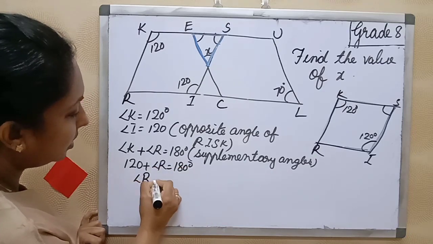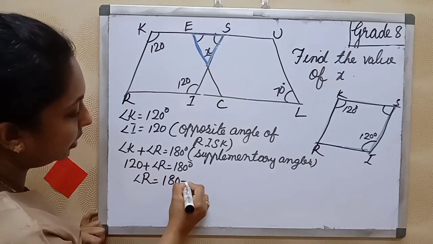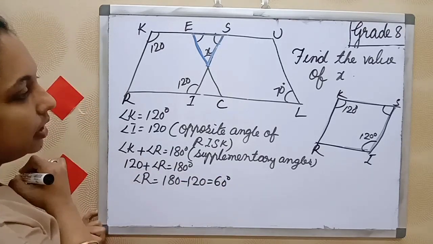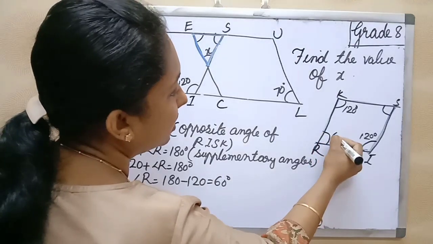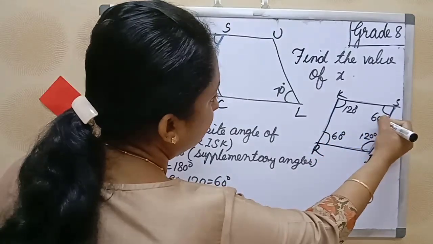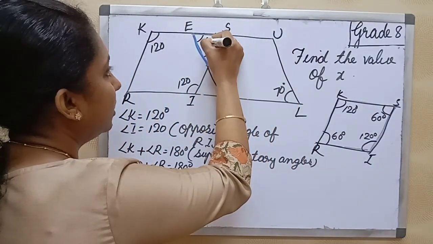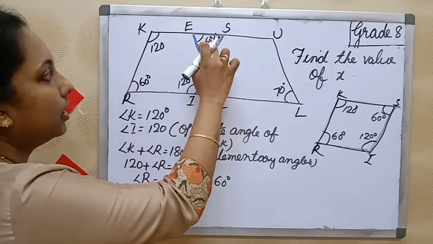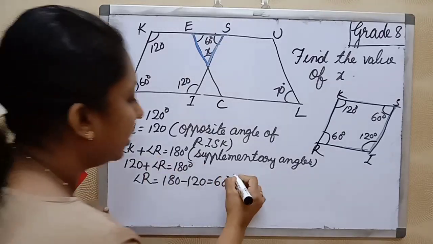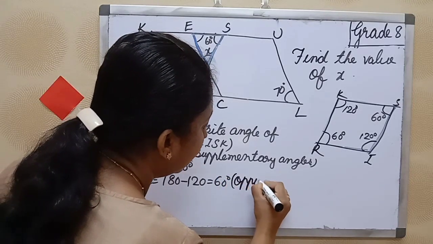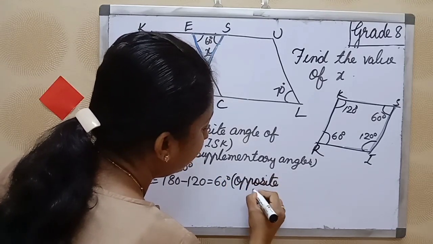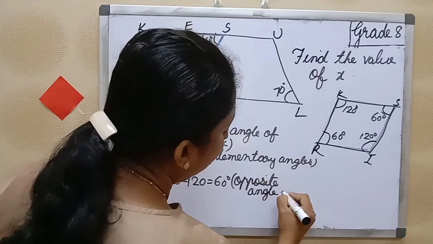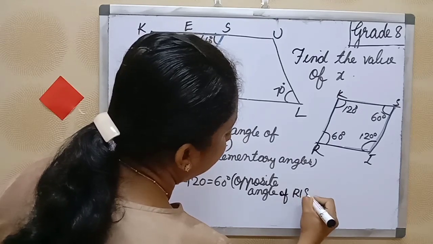So angle R is equal to 180 minus 120, that is 60 degrees. Angle R is 60 degrees, so angle S is also 60 degrees. That is, opposite angles of RISK.